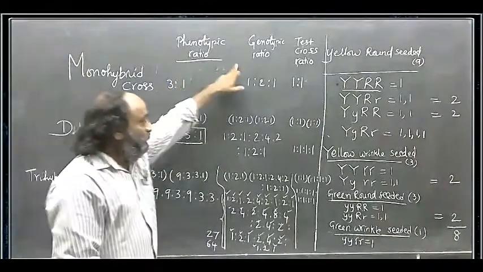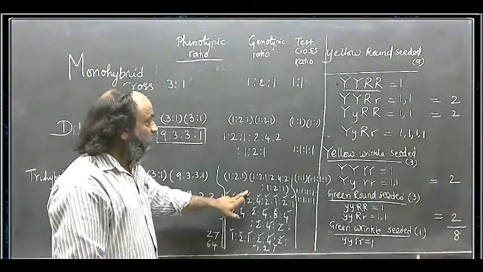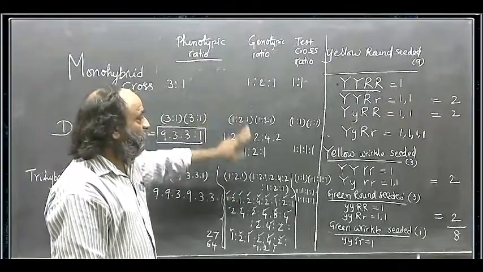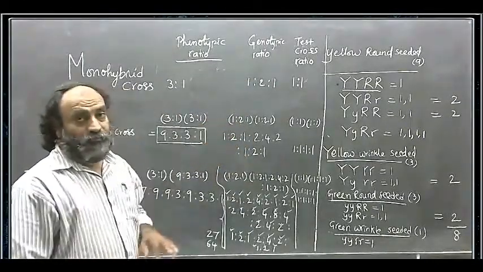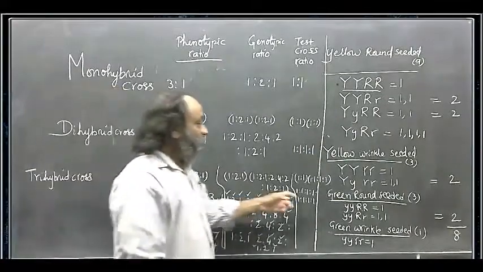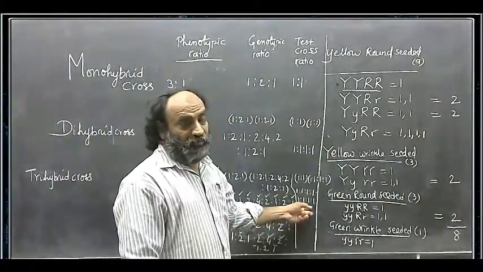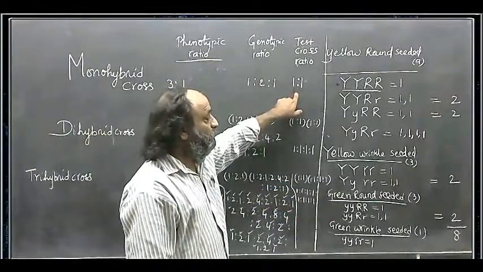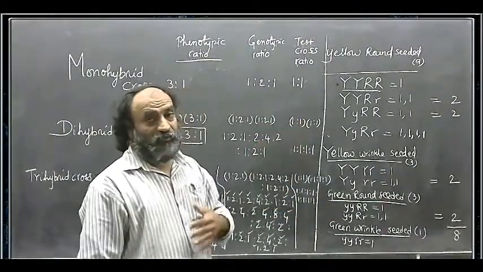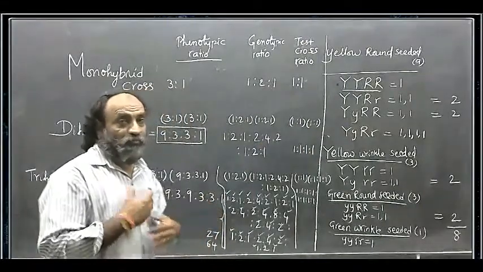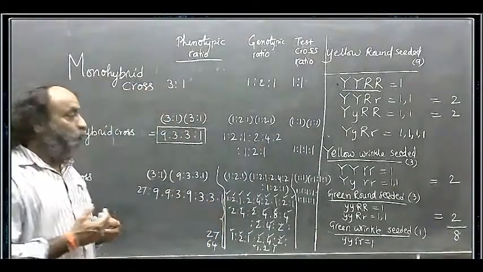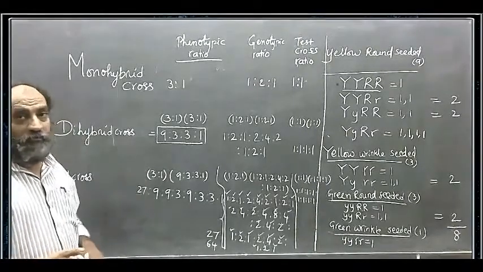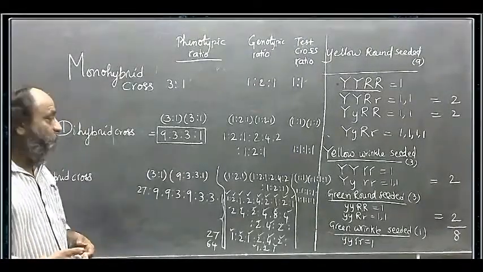Similarly, the genotypic ratio of a trihybrid cross based on the genotypic ratios of monohybrid and dihybrid crosses, and the test cross ratio of a trihybrid cross based on the test cross ratios of monohybrid and dihybrid crosses. You should develop this sense to work out the objective questions in Mendelian crosses.